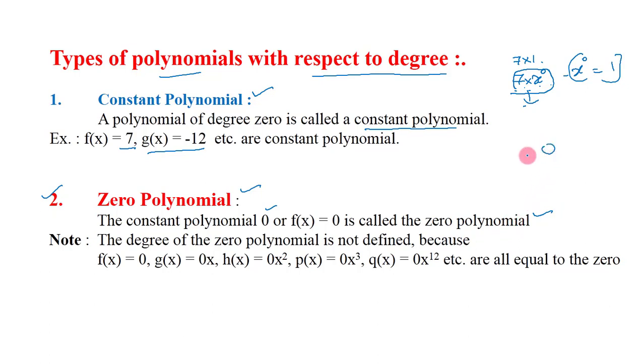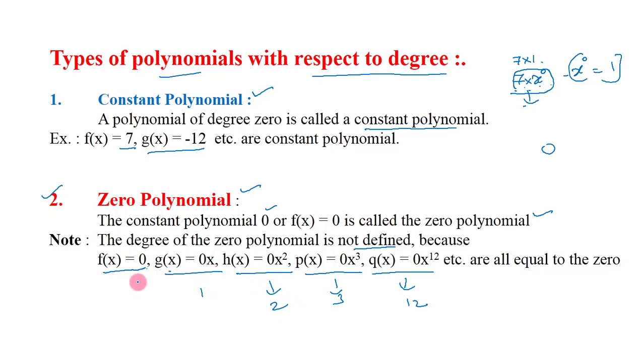The degree of the zero polynomial is not defined, because if you take f of x as a polynomial equal to 0, and a second example, g of x equal to 0 into x, and h of x equal to 0 into x square, p of x equal to 0 into x cube, and q of x equal to 0 into x to the power of 12. What is the degree of this polynomial? That is 12. What is the degree of this polynomial? It is 3. And of this one it is 2. What is the degree of this one? 1.